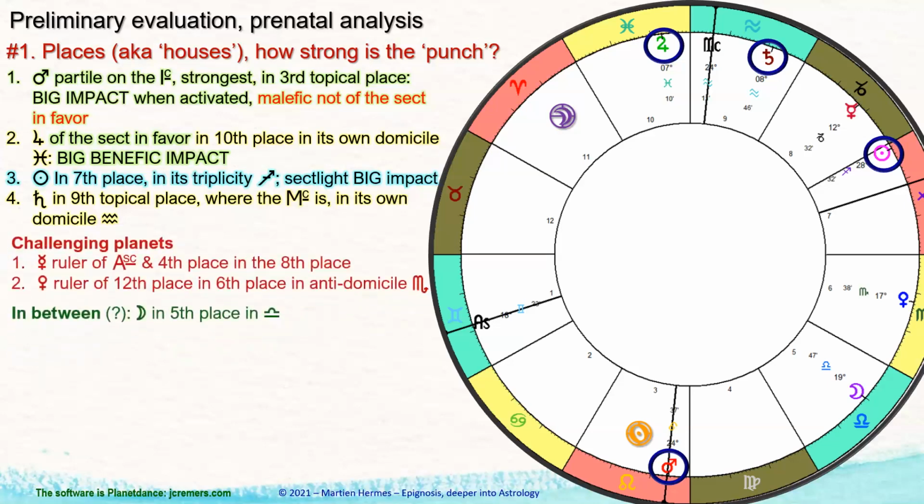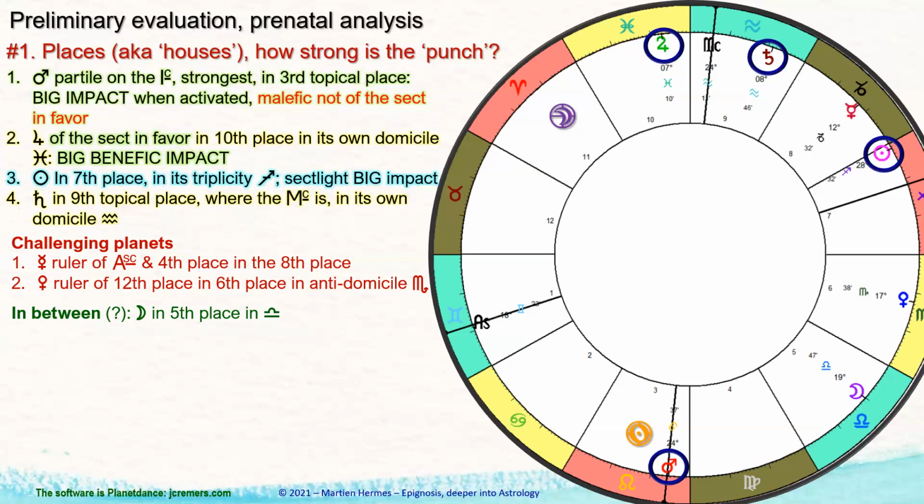Okay. Next in line are the challenging planets. And why are they challenging? Because Mercury, the ruler of your ascendant and the 4th place, the topic we are talking about now, especially because it's the 4th house triad, is in the 8th place. That's the dark place of the chart, and people associate it with Scorpio.